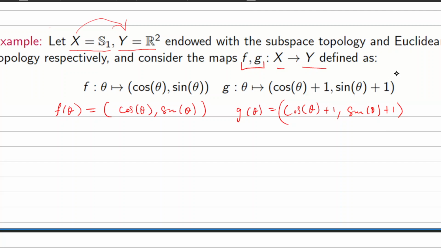So these two spaces are homotopic, but we have to show it. How do we show that the two spaces are homotopic?